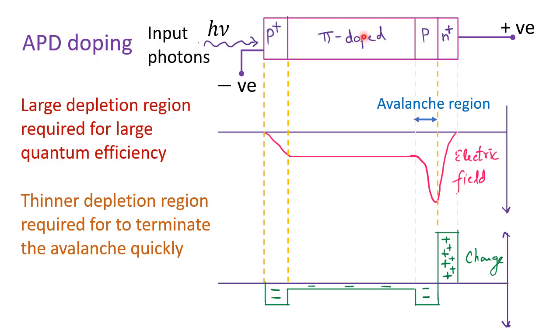Not just that, because this whole region contains a finite electric field, the charge carriers that you generate here are going to be swept across with some drift velocity. That is the feature of the PIN diode that you have incorporated in this design of the APD, right?